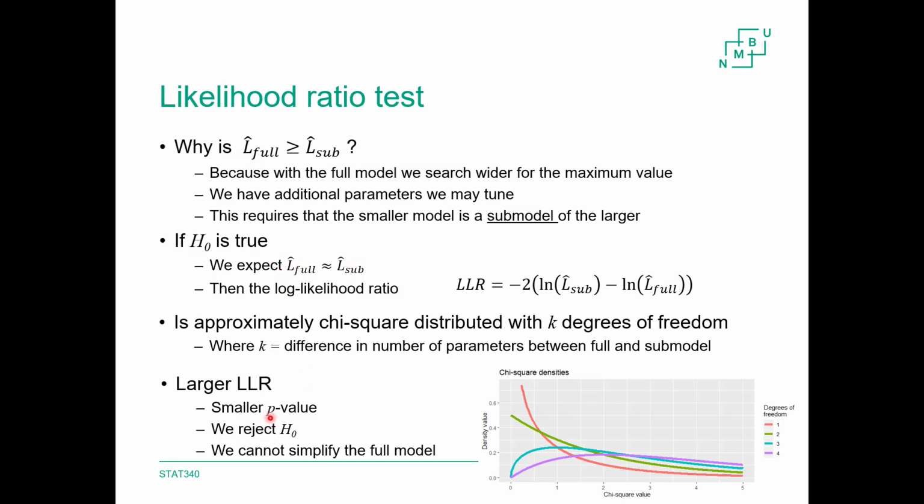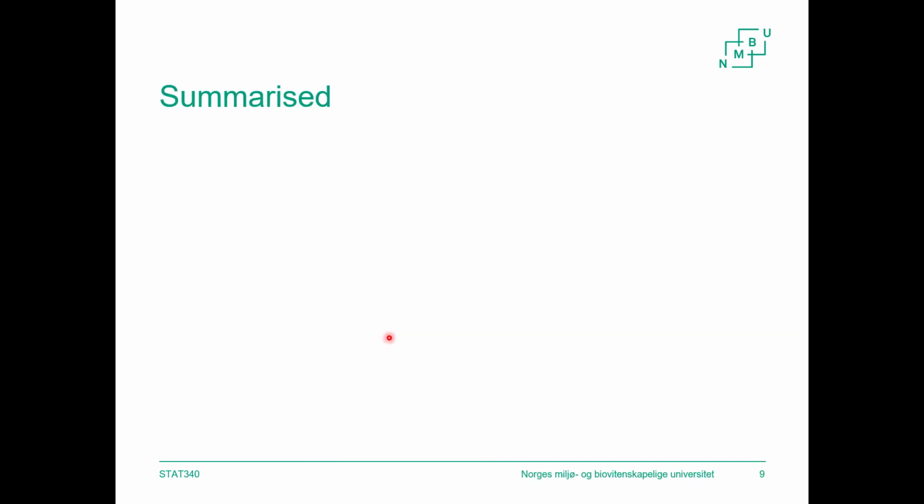So if you have a small p-value here, it supports the bigger model. But if the p-value is large, you can stick to the smaller, and you cannot reject the null hypothesis, so accept the smaller model as the choice. So, summarized, we may have several submodels, not only 2 like in my example.